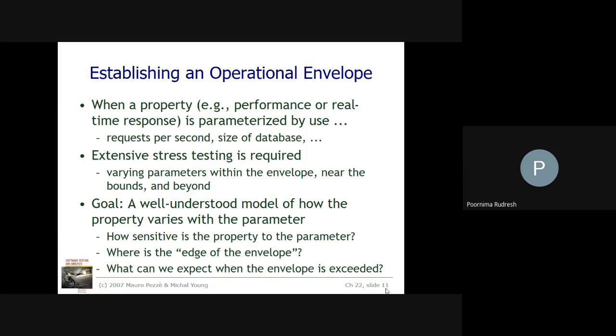If you are entering the input slowly, then obviously the system performance decreases. Or as you enter more and more requests in a second, such that the system cannot handle those requests, then also the performance degrades. Or if you consider the size of the database, if the size of the database is small, then we can achieve better performance.